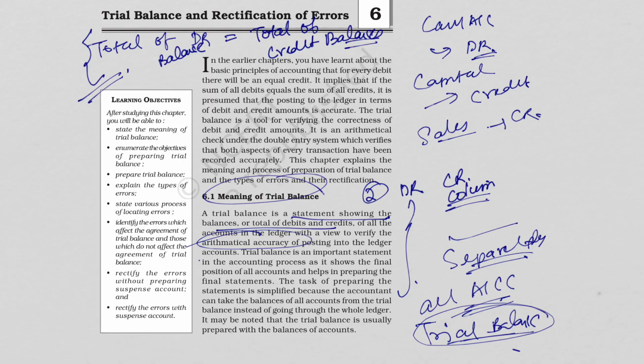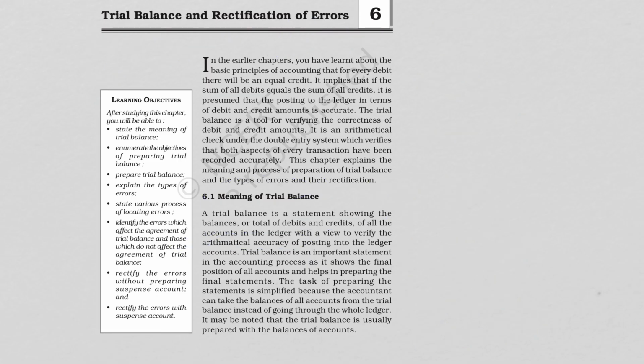A trial balance only checks the arithmetical accuracy. It does not check the complete correctness of accounts. This means that some errors may still remain even if the trial balance agrees.